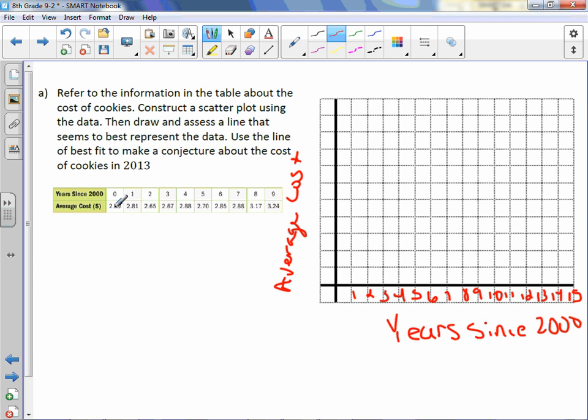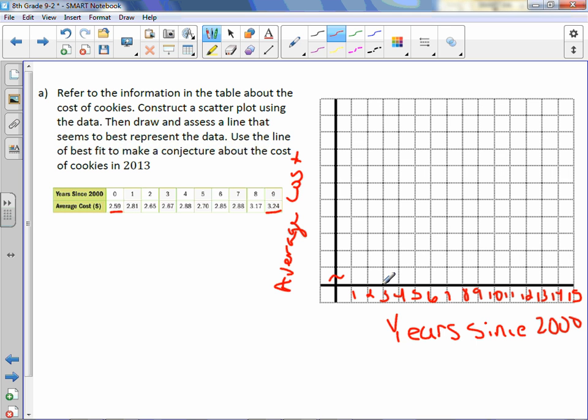It looks like our lowest number here, I have 2.59 looks like the lowest, and 3.24 looks like the highest. So I'm going to automatically put a break in this graph because I'm not going to start at 0. And I'm going to count by tenths.